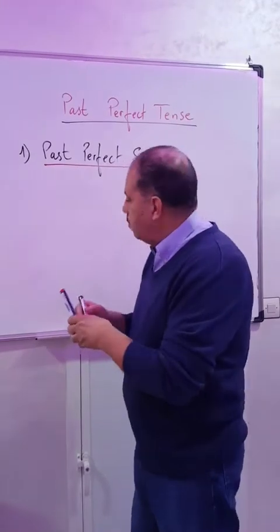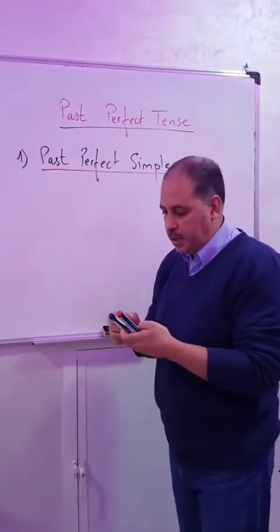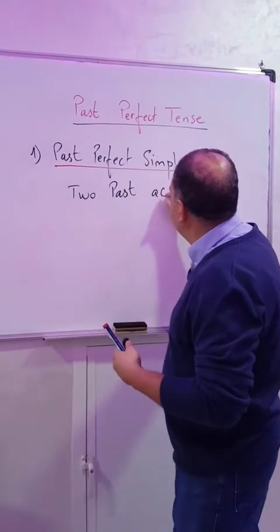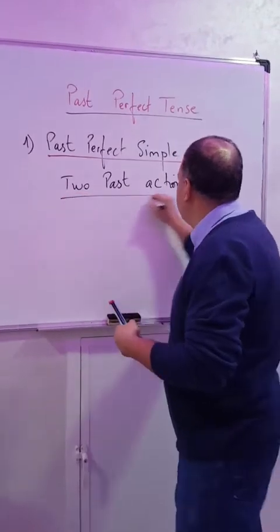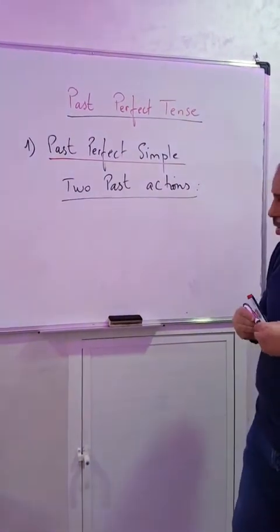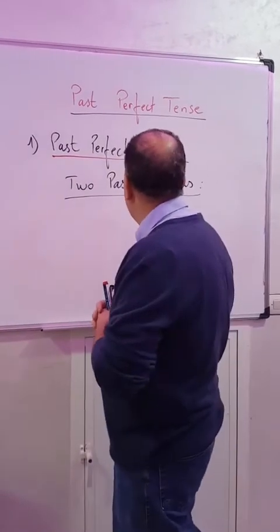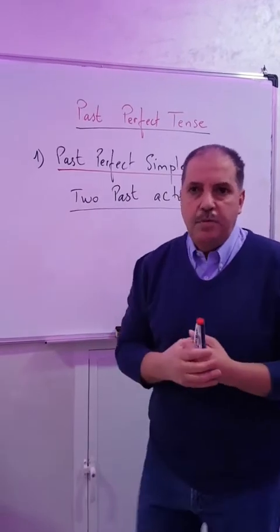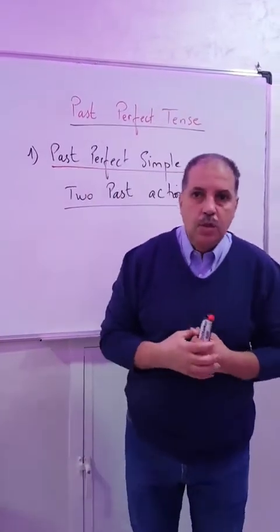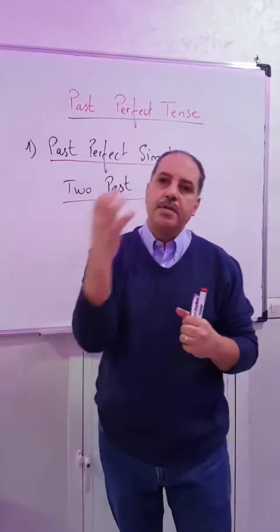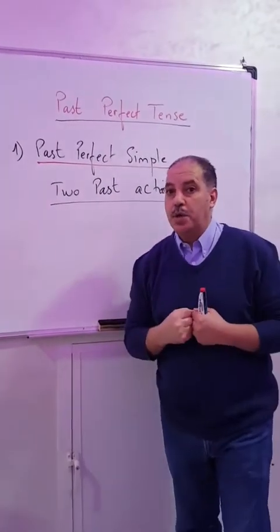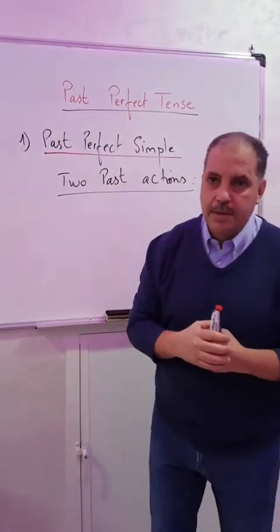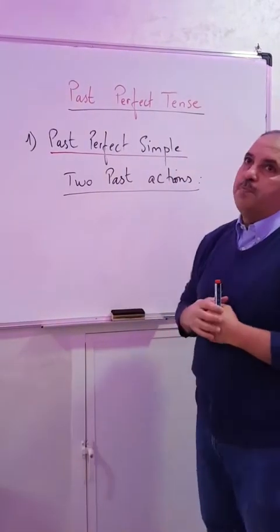When we are dealing with two past actions, we need to show the order of these two past actions, which action happened first and which action happened second. That's when we need the past perfect simple.